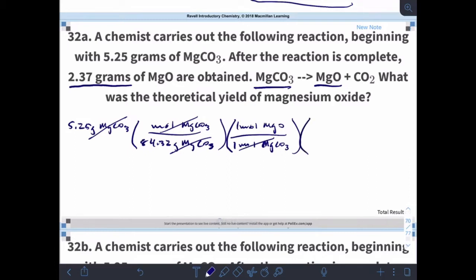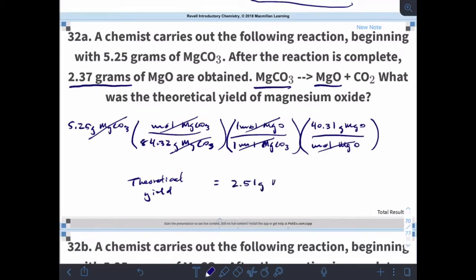So let's use molar mass to go from moles of magnesium oxide to grams of magnesium oxide. In the previous video, we figured out that the molar mass is 40.31 grams of magnesium oxide per mole of magnesium oxide. So we find out that our theoretical yield is 2.51 grams of magnesium oxide.